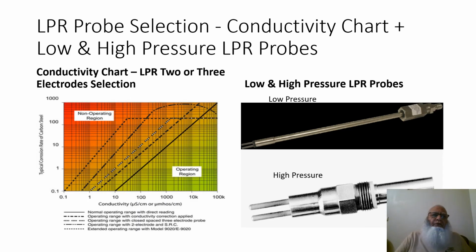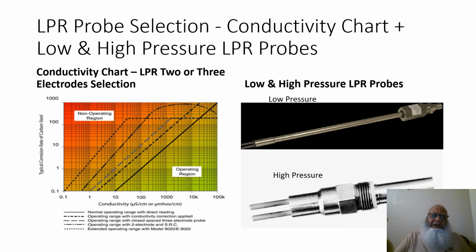This slide gives you the LPR probe selection, the conductivity chart, plus the low and high pressure LPR probes. On the left you see the conductivity chart for the LPR two or three electrode selection.